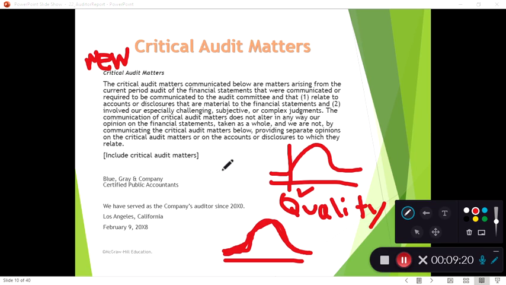And so basically what this is doing is pulling out areas that they think are significant, challenging, subjective, complex judgments, right? And so they're basically trying to highlight areas to say, hey, these are some significant spots in the financial statements where there's judgment, and reasonable people may have different conclusions around whether they agree with that judgment or not, right?